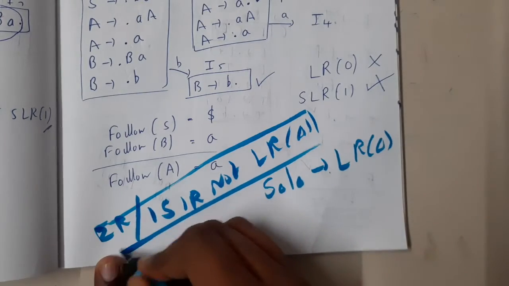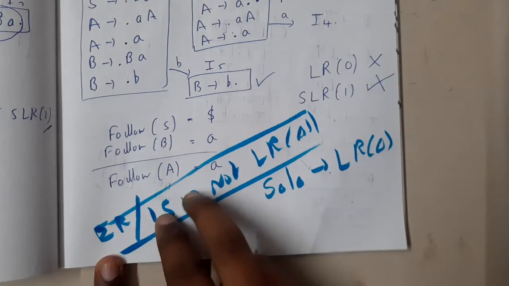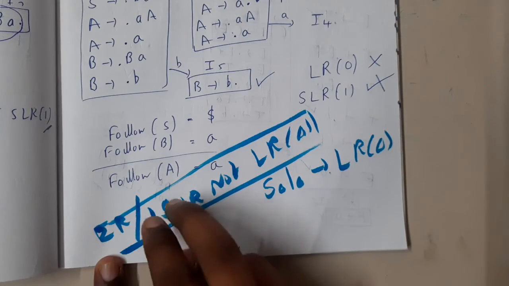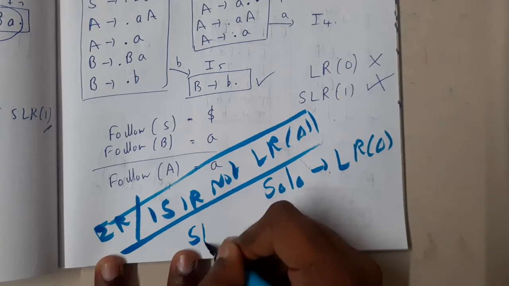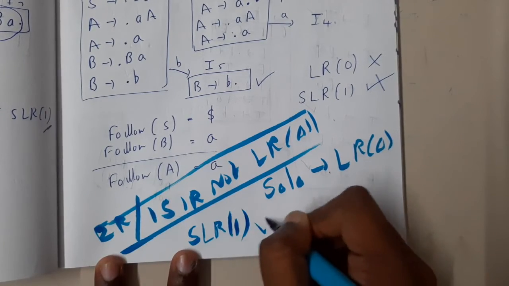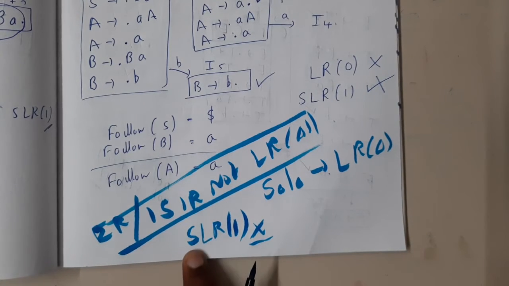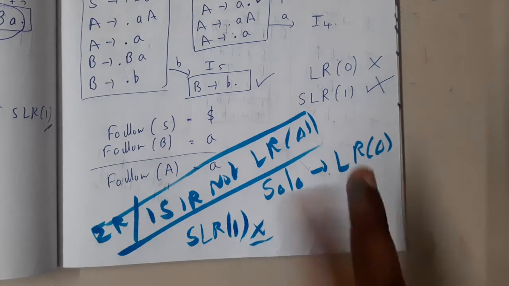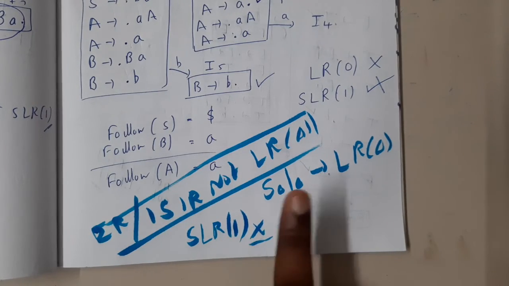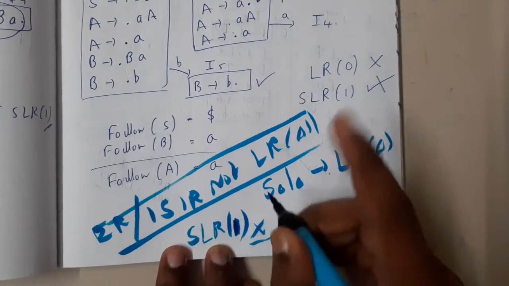And if you have these, and the follows are matching exactly for those items, you can conclude that it is not SLR1 also. Here SLR is nothing but simple LR: L is left to right, R is reverse of right recursion, and 1 is a lookahead symbol. Here we are checking follow, and that is the reason why we look one item forward.